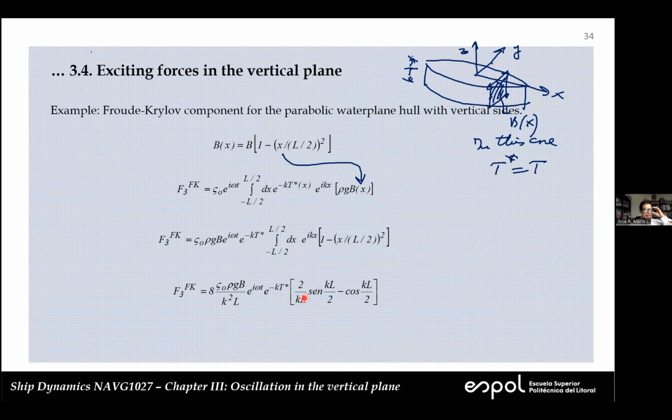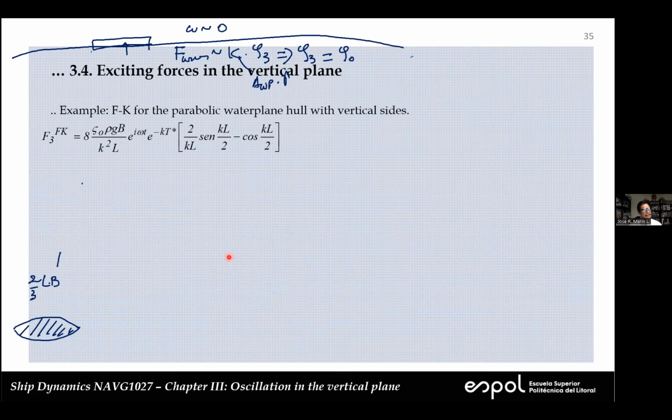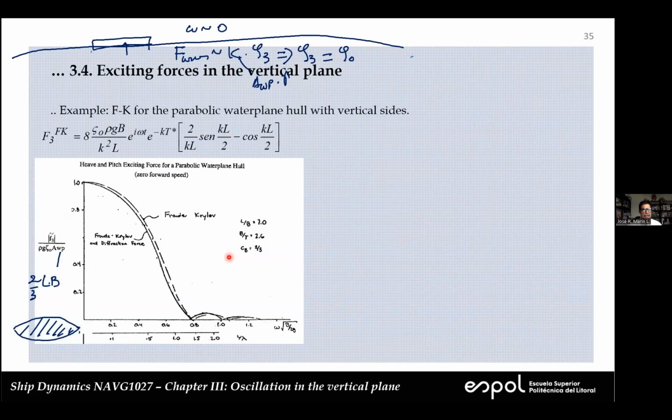And you can immediately think, wait a minute, this is not a ship, so this expression must be way off. Let me tell you that these are the results. This is the parabolic water plane.